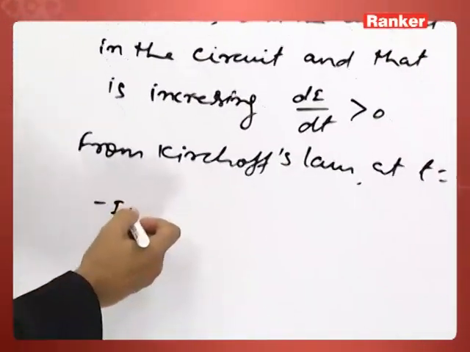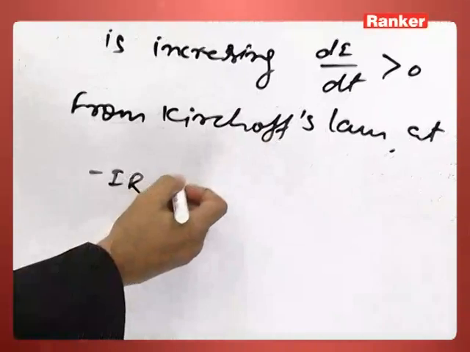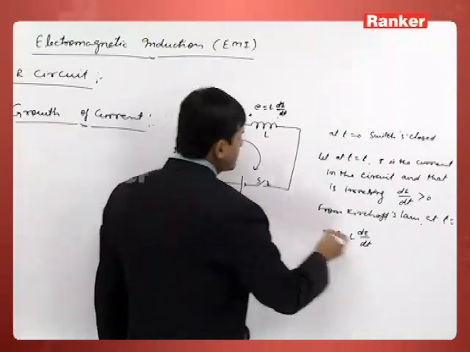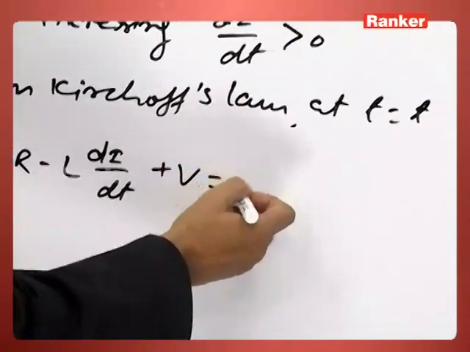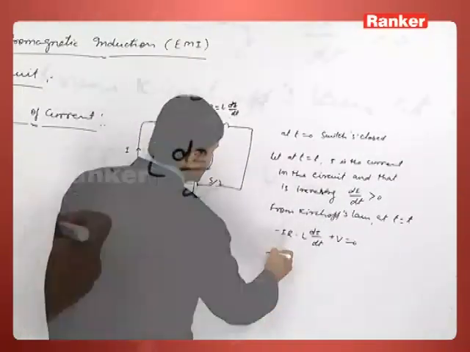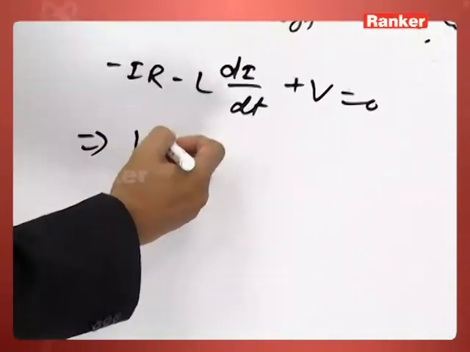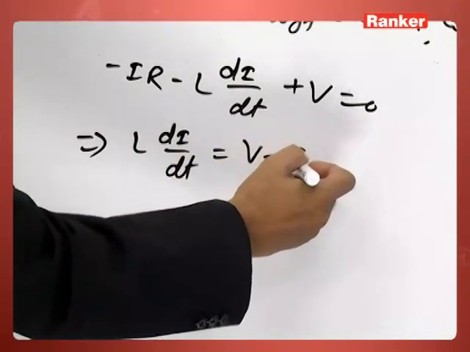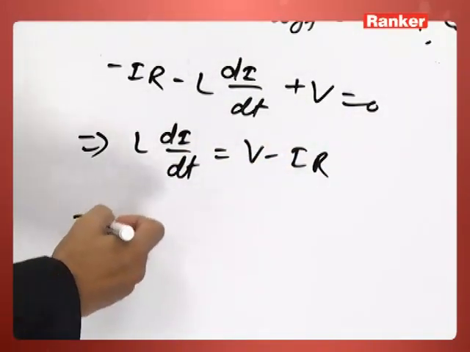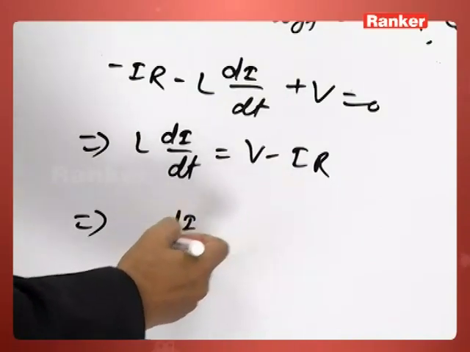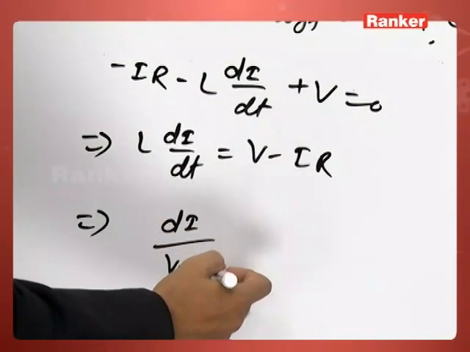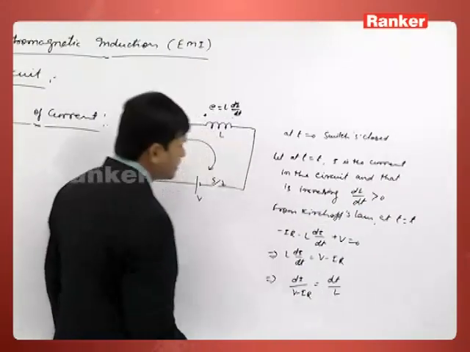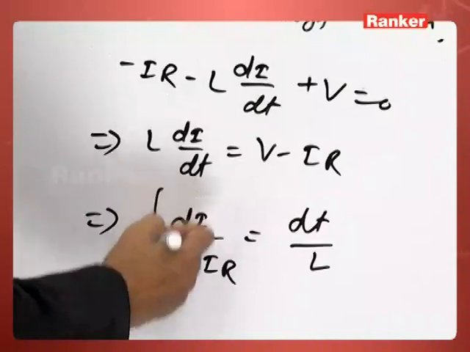So minus IR, then minus L di by dt, plus V, that is 0. So this can be written as L di by dt equal to V minus IR, or we can say di by (V minus IR) equals dt by L.